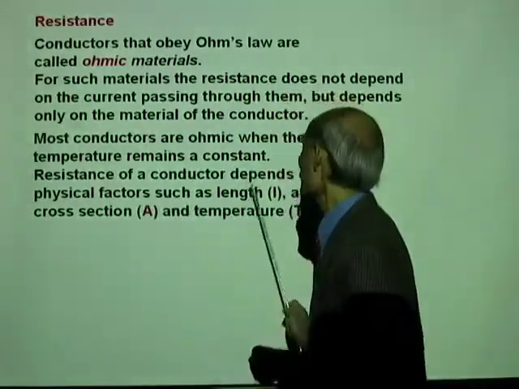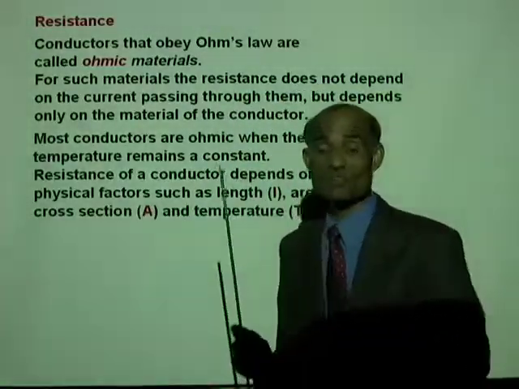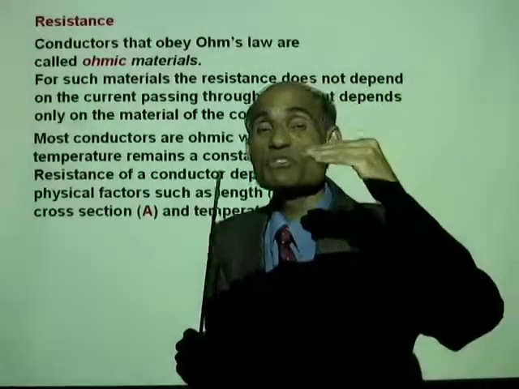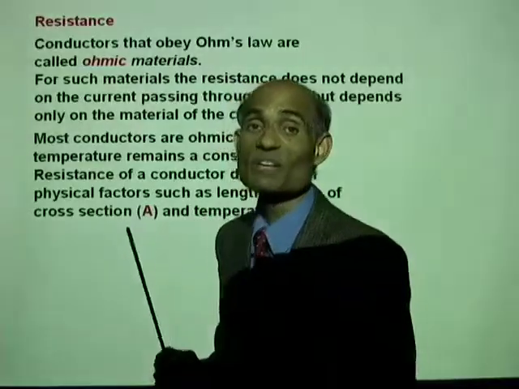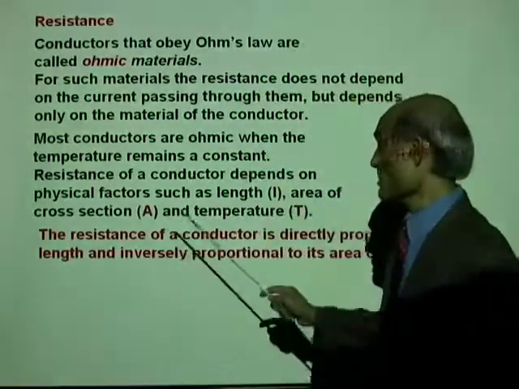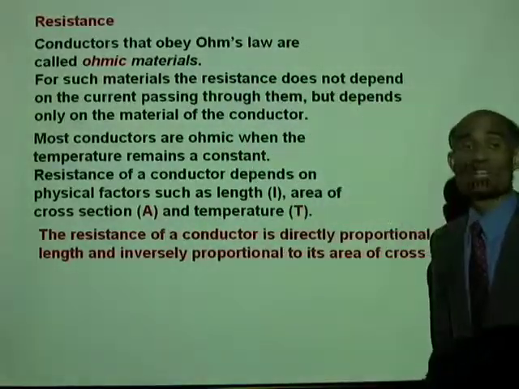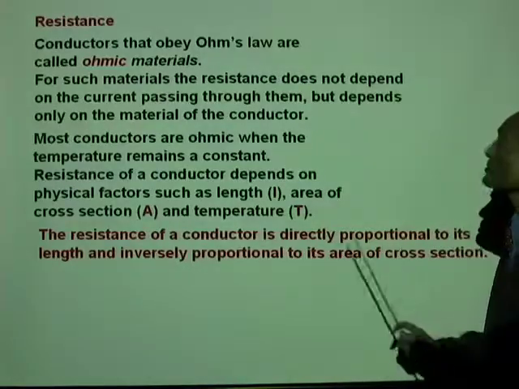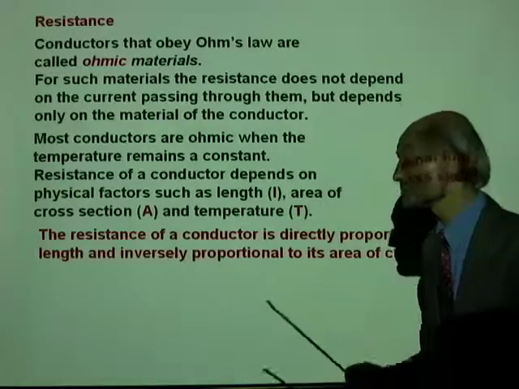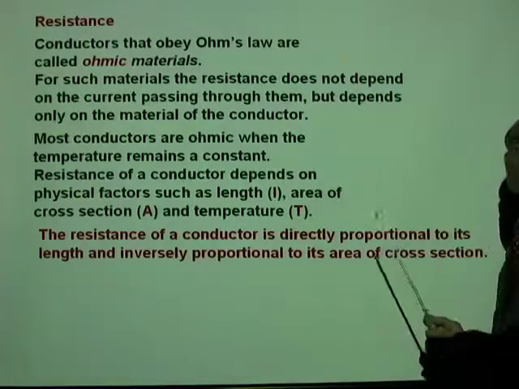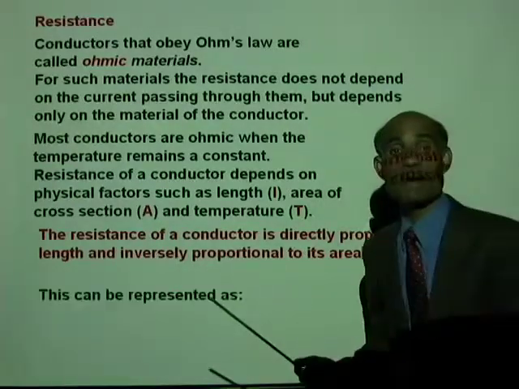And of course, the resistance also changes with temperature. We will consider these two things separately, the physical factors and then the temperature. The resistance of a conductor is directly proportional to its length and inversely proportional to its area of cross-section. How do we write that mathematically?